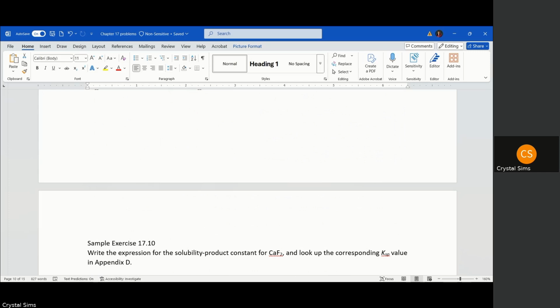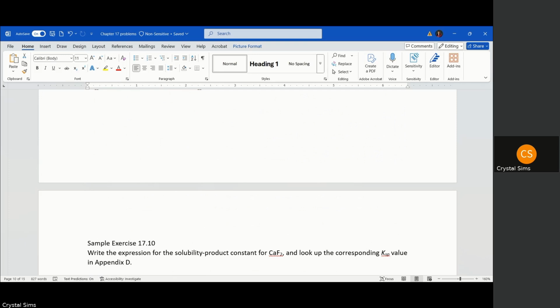And what we're looking at here is to write the expression for the solubility product constant for CaF2 and then look up the corresponding Ksp value in Appendix D. So just like with our Ka and Kb values, we can go to Appendix D to get our Ksp values.